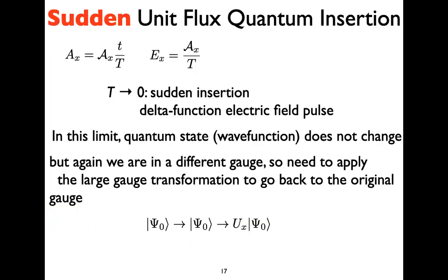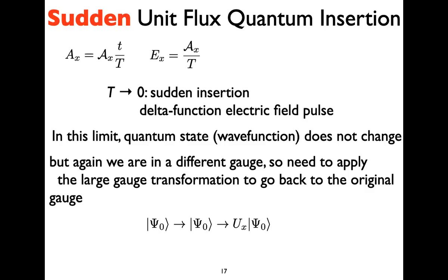So another advantage of my real-time formulation, at least for me, is that we can also naturally consider the other limit. Previously I considered adiabatic insertion of flux, so taking a very long, infinitely long time to insert a flux. But you can also consider sudden insertion.